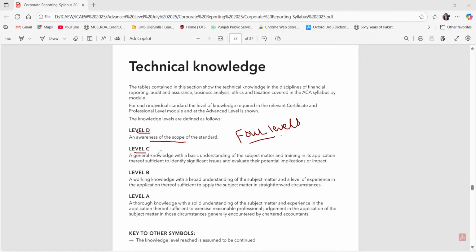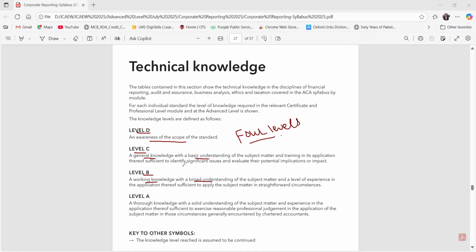Level C means you need some general knowledge, some basic knowledge and understanding of any particular topic. Level B means a working knowledge. It means you need a good amount of knowledge and also a broad understanding of your subject.